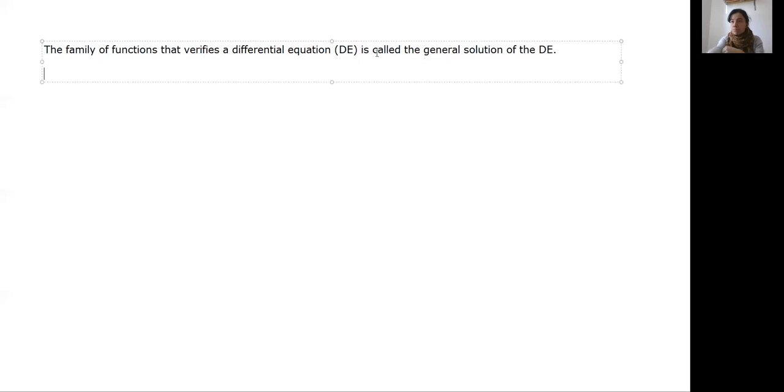Then, if I want the one solution that in addition to this satisfies an initial condition, then I'm going to find the particular solution.